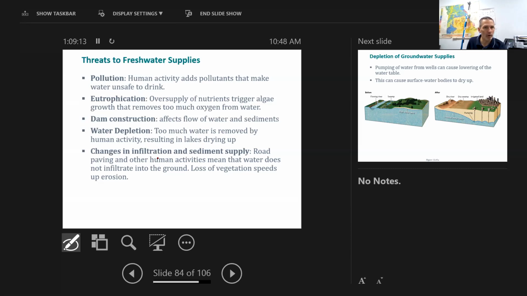We can track that water with those flow nets, so we can figure out where the water is coming from and where it is going to go. So when we start looking at groundwater, pollution is a big issue, and anything that happens in that drainage basin, whether through runoff or through seeping into the ground, is going to have its impact on the water in that basin.